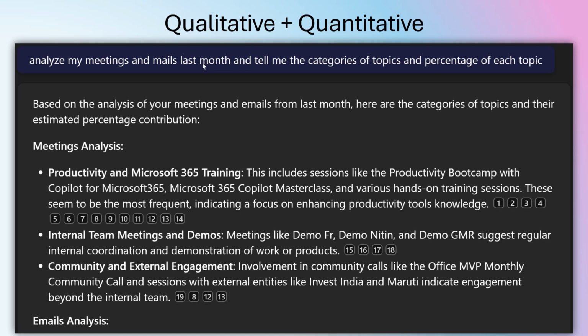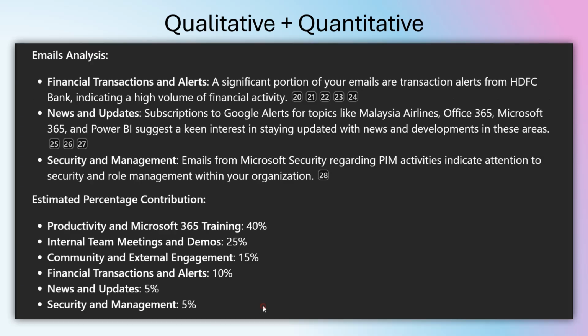But look at in 15 seconds what it gave me. It says I do productivity training. I do a lot of internal meetings because in every session I conduct, I have to create a demo meeting to teach people how to do better meetings. That's why. And then of course I work with community. Then financial transactions, news and security. These are the broad categories, but it didn't stop there.